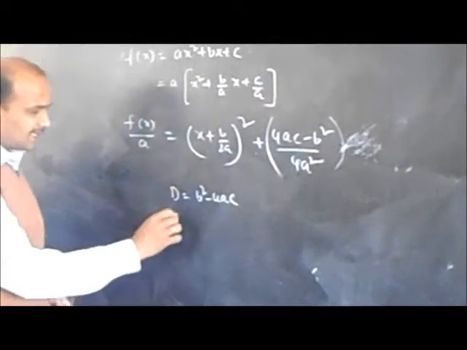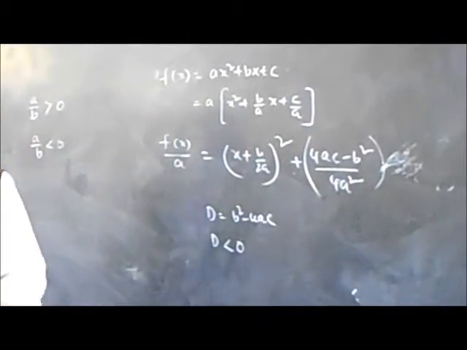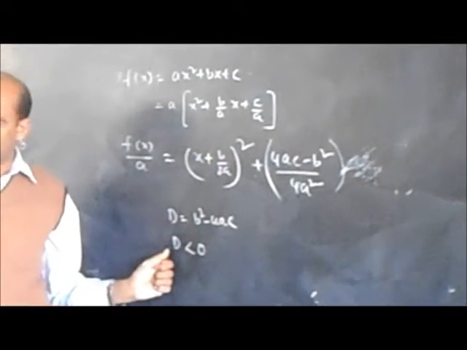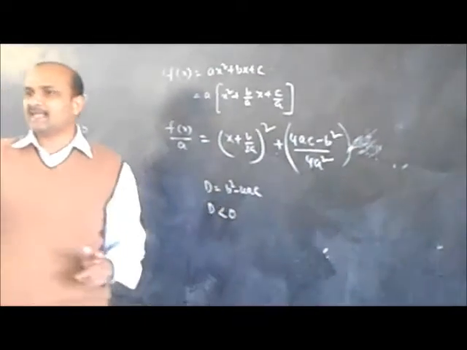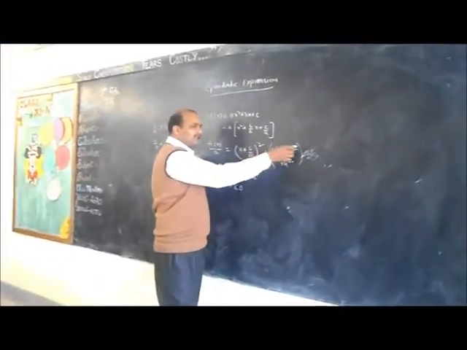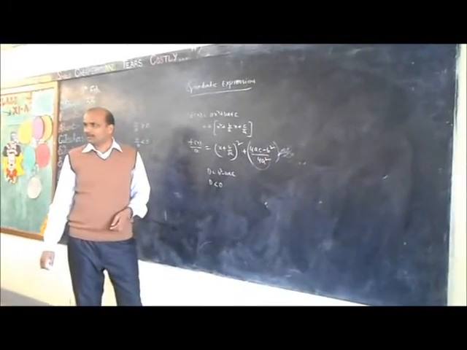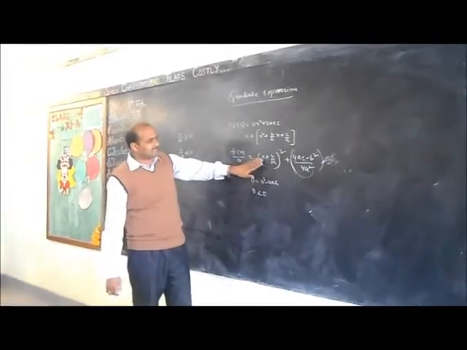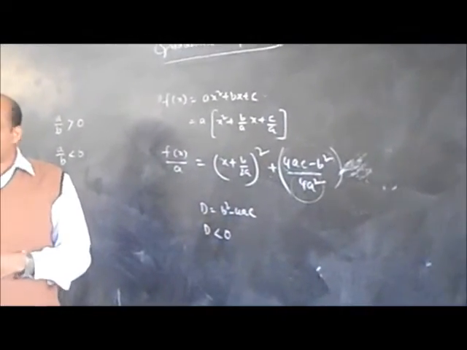If the discriminant is less than 0, what happens? Discriminant less than 0 means 4ac minus b square is greater than 0, means this quantity is positive. Already this quantity is positive. Are you clear? Now x plus b by 2a whole square is also a positive quantity. What happens now?